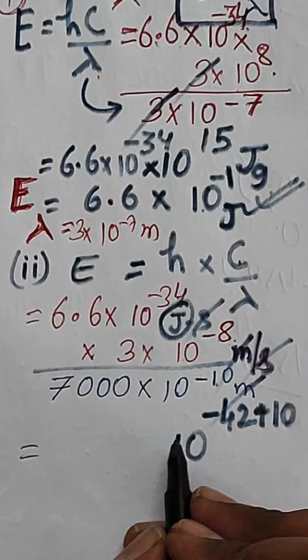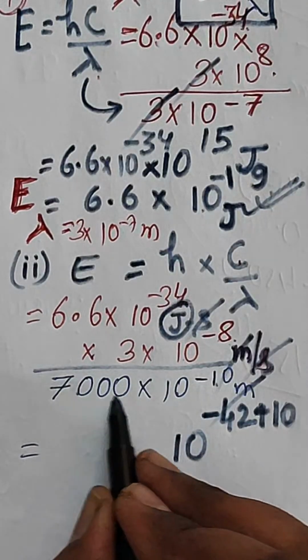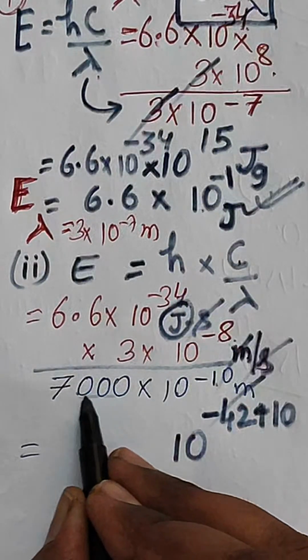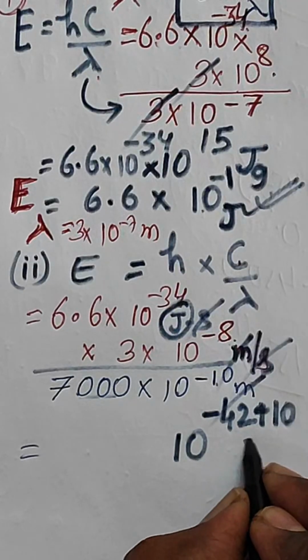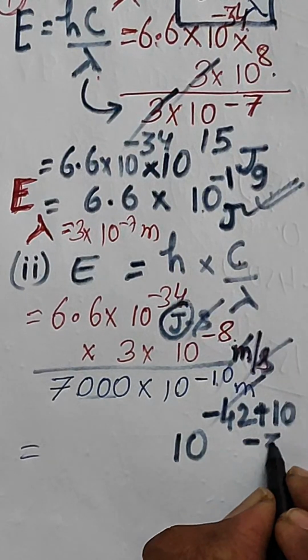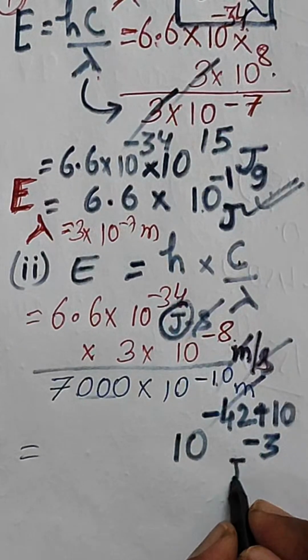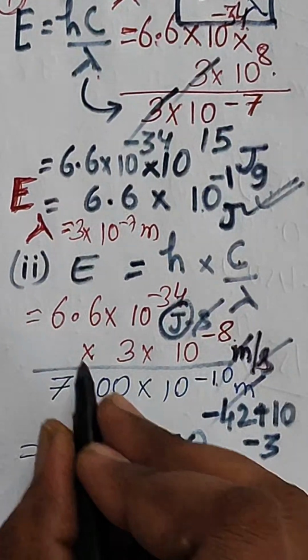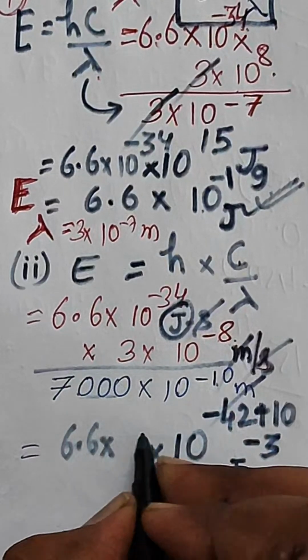And the 3 in the denominator goes into the numerator and becomes 10 power minus 3. So this much joule, and the rest of the terms are 6.6 into 3 divided by 7.